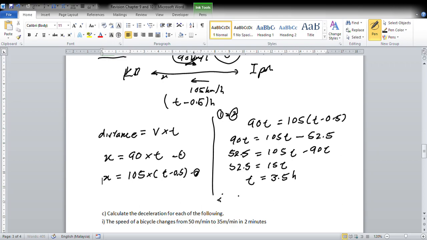Therefore x is 90 times 3.5, using equation 1, because I already found t. 90 times 3.5, you will get the answer 315 km.